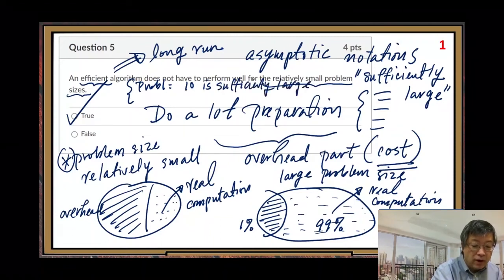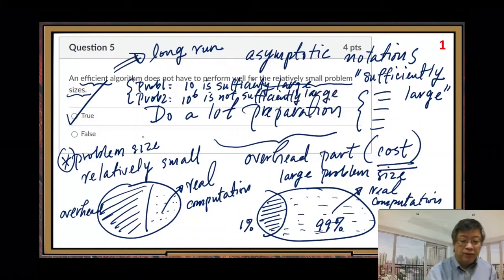But for problem number 2, even 1 million, 10 to the 6th, is not sufficiently large. That's all possible. So it depends on the given problem.